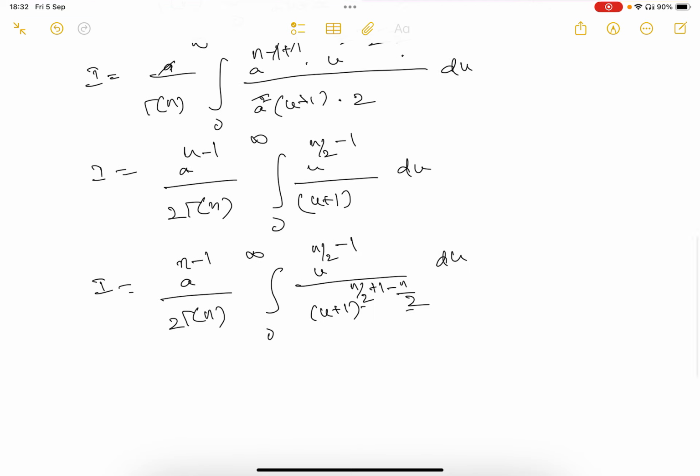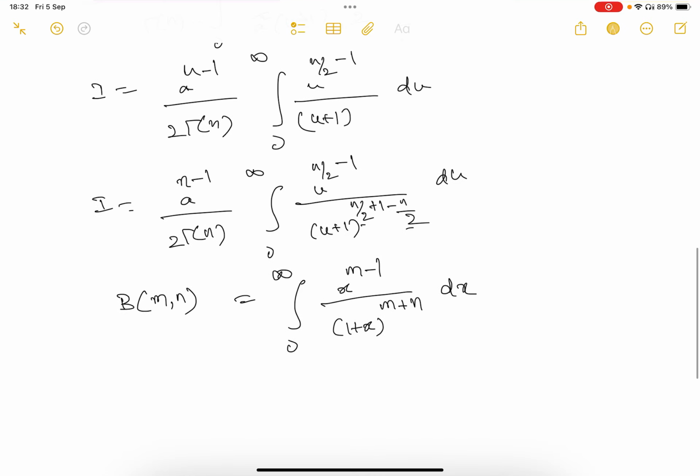So this looks like a beta function, right? Let's write it down. The beta function of m comma n is integral 0 to infinity x power m minus 1 by 1 plus x whole power m plus n dx, right? If you compare these two functions, we can say here m is n by 2, right?